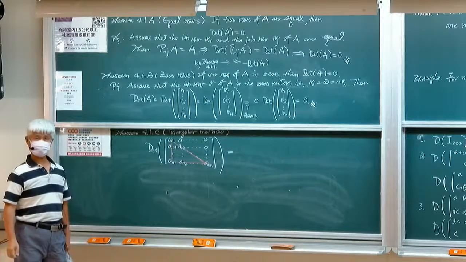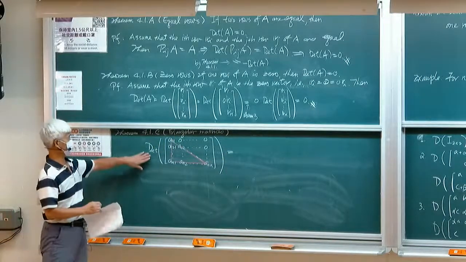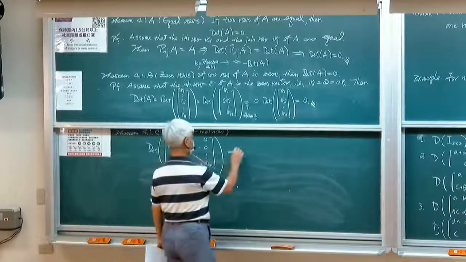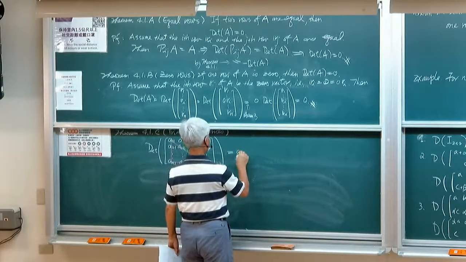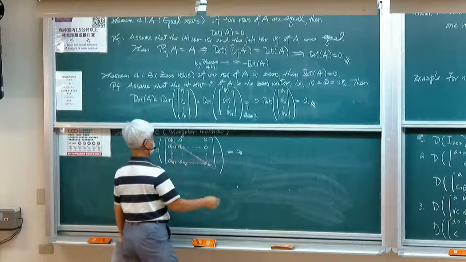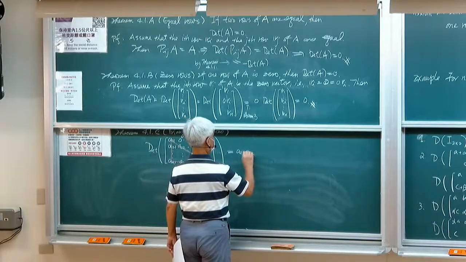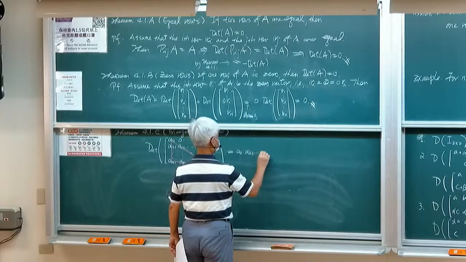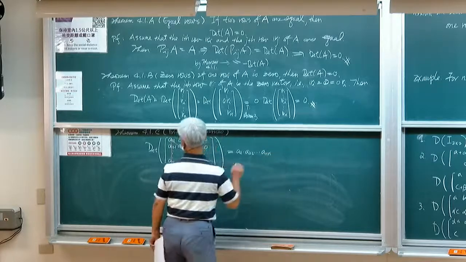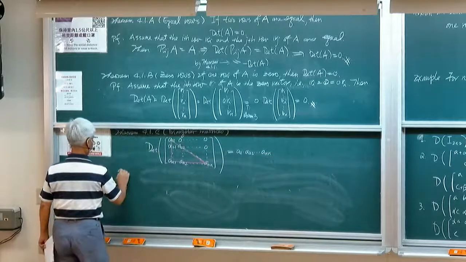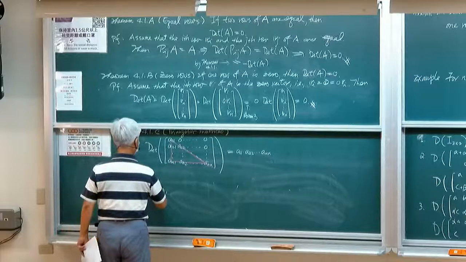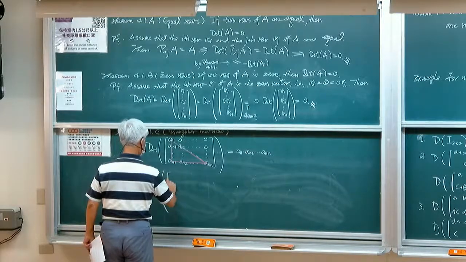Now, for any lower triangle matrix, the determinant value will be the product of the entries in the diagonal. Right, and this is the same for upper triangle.